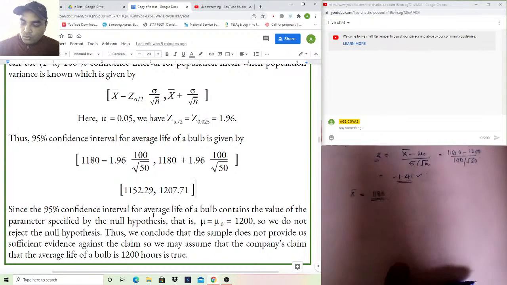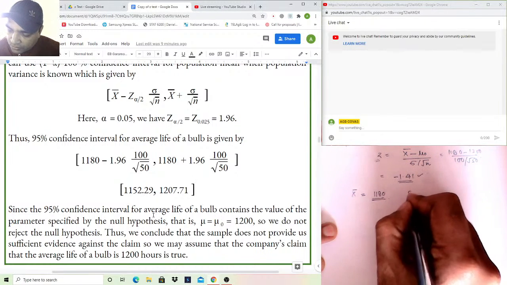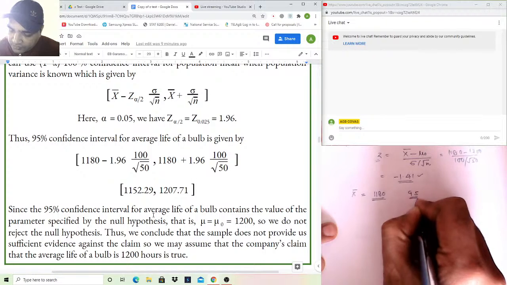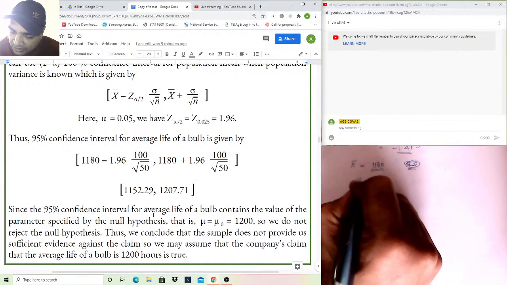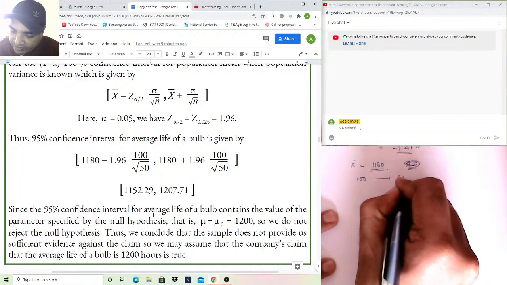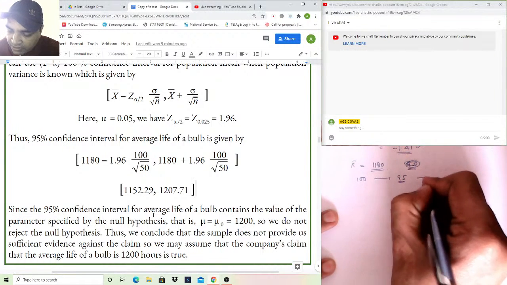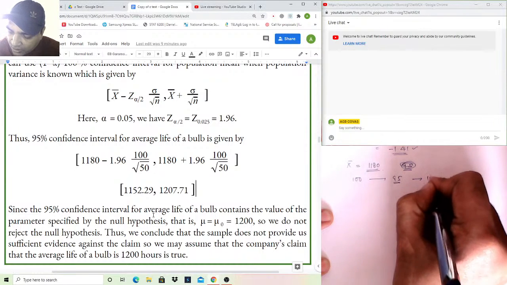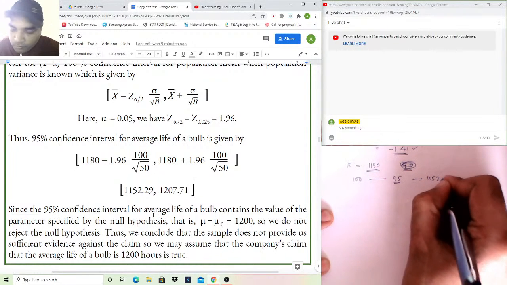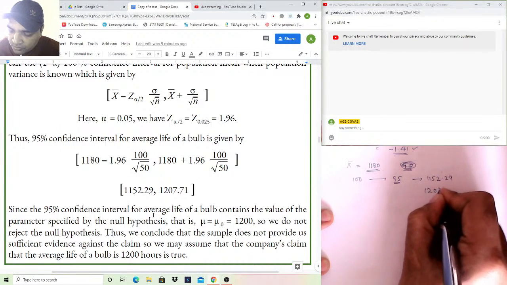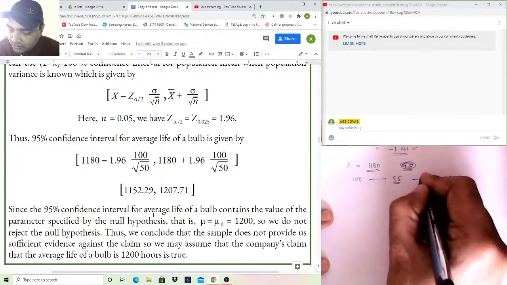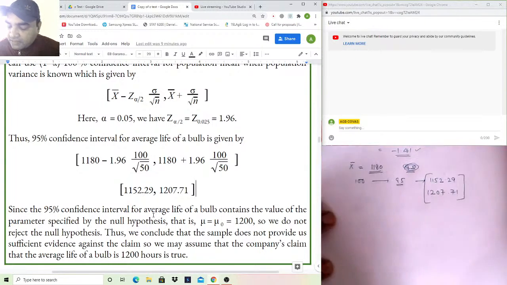Just try to understand that out of 100 times, 95 times your mean will reside between 1152.29 and 1207.71. This is the concept of confidence interval.